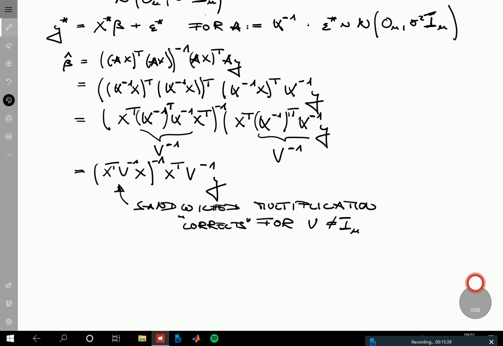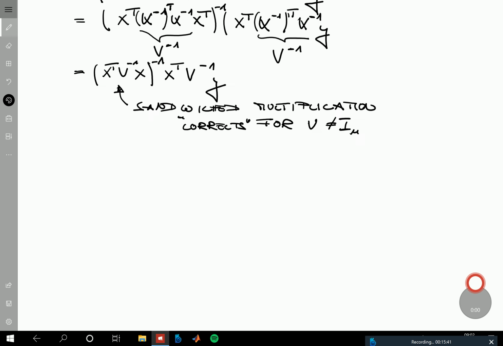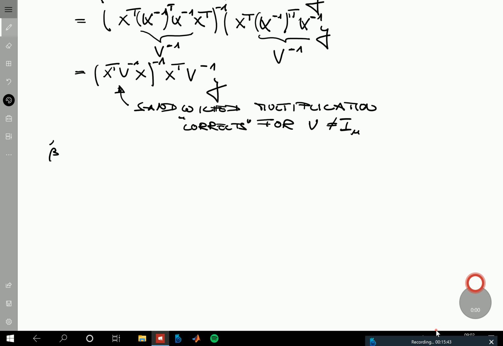Yeah. So to write this up again, our beta hat GLS is defined as X^T V minus 1 X to the power of minus 1 X^T V minus 1 y.